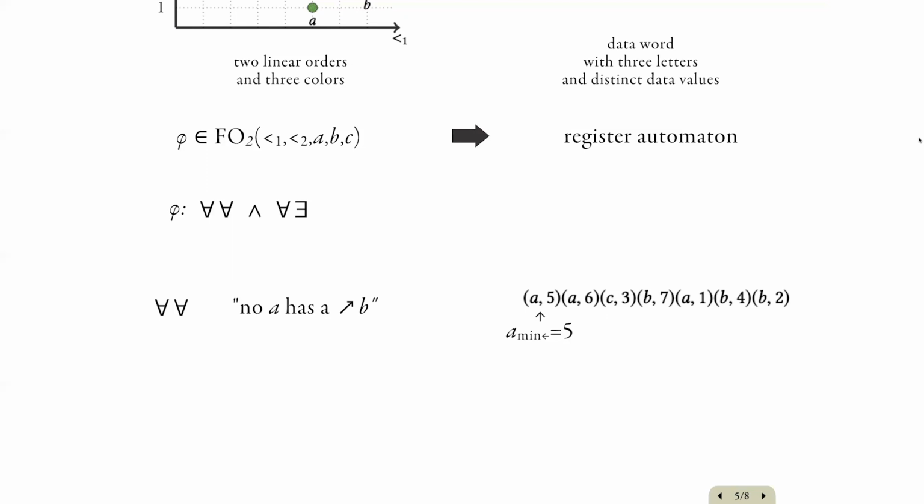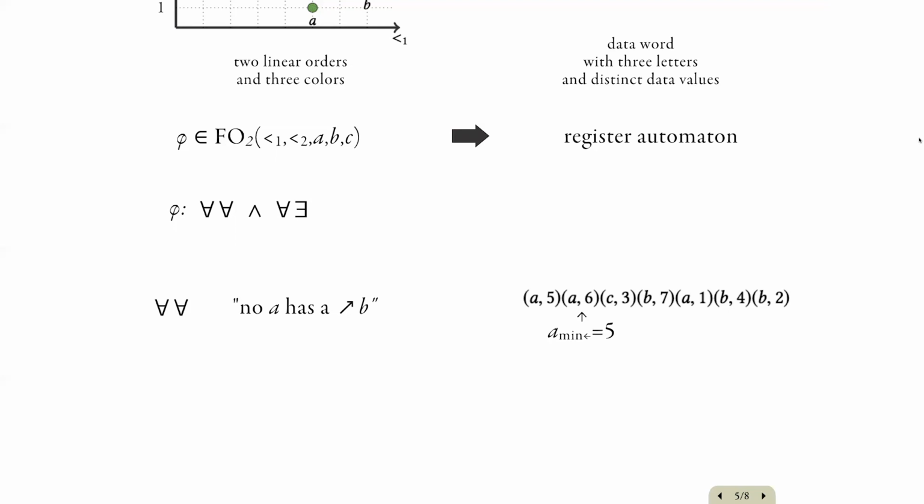And how do we verify this on the data word representation of our structure? Well, we can process the word from left to right and remember in a special register the minimal value of a node with label A. So we go from left to right and we see a node with label A and a value 5. We store it in our register and we move to the right.